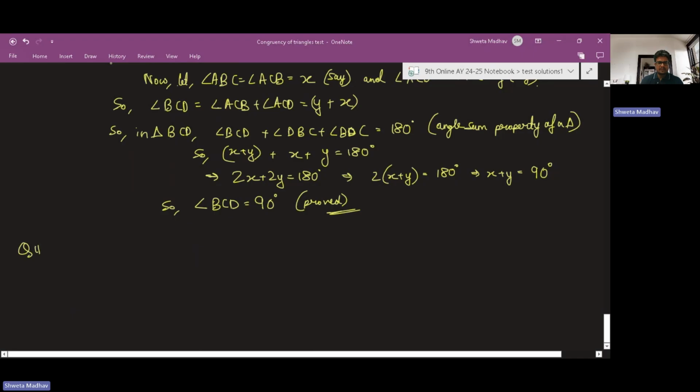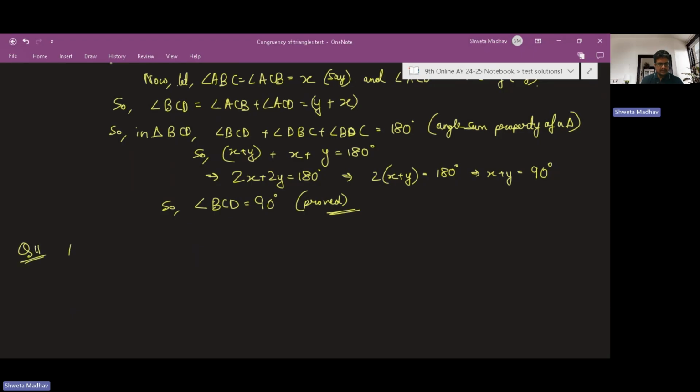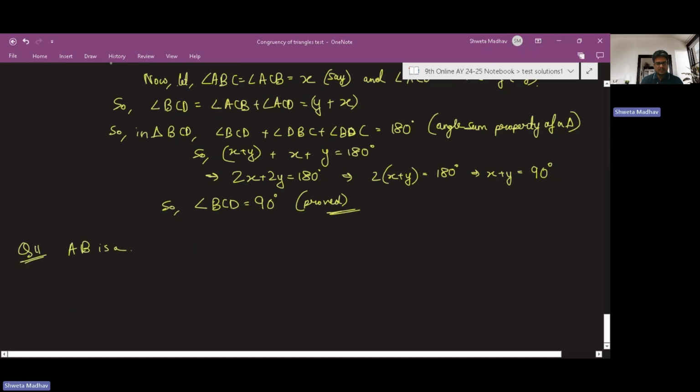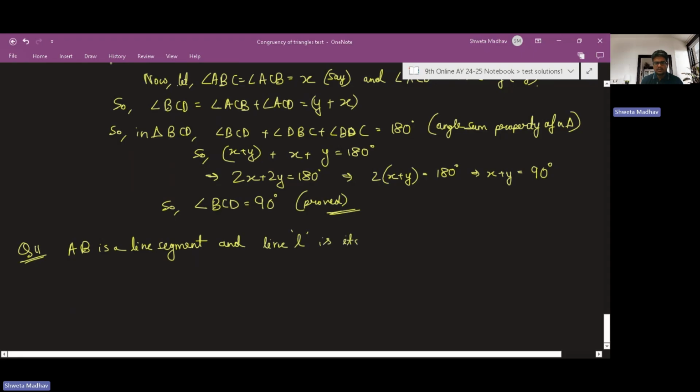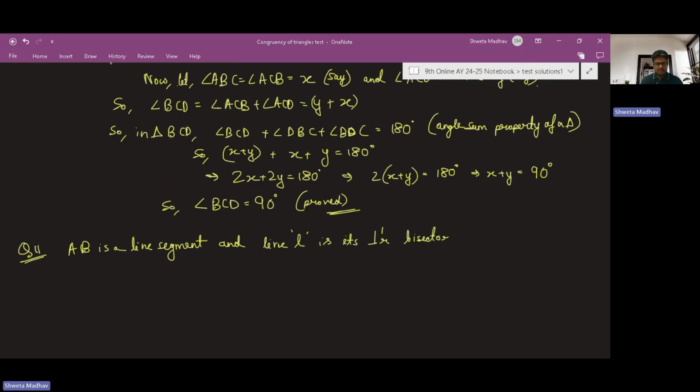Now in question number 11, it is told AB is a line segment and the line L is its perpendicular bisector.